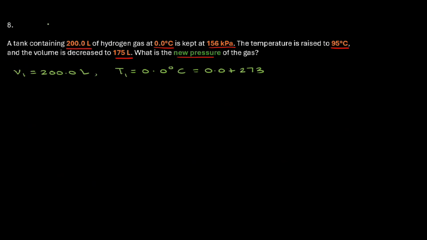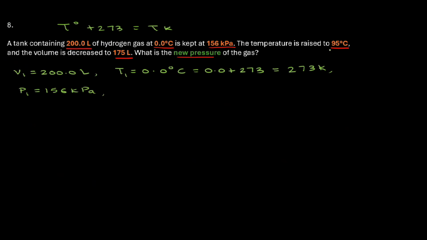So remember this rule. If you want to convert temperature from degree to Kelvin, you add 273 to the temperature in degree, and that will give you the temperature in Kelvin. So I get my temperature as 273 Kelvin. The pressure at which the gas is kept is P1, which is 156 kilopascal.